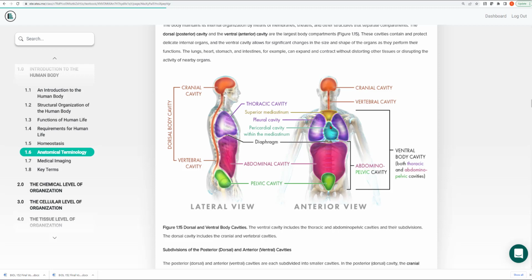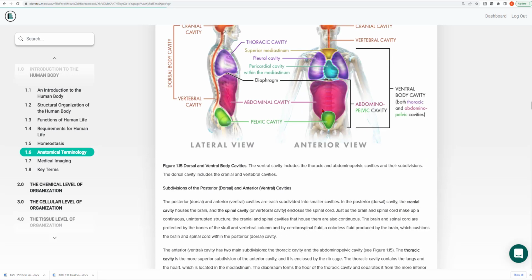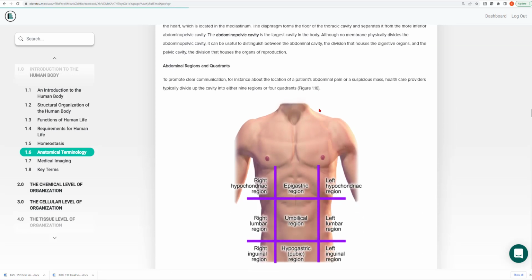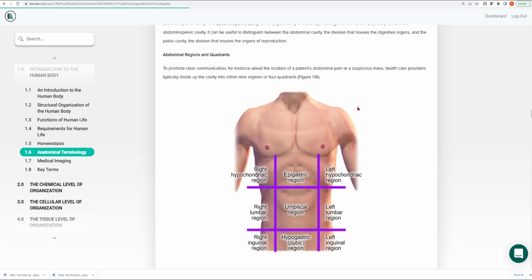Sternum is your breastbone. It's the bone that's been removed here, but it would be sitting right where I'm showing the arrow. So think of the mediastinum as the area sort of behind or the middle around the sternum. You'll be labeling these areas in lab as well this week.